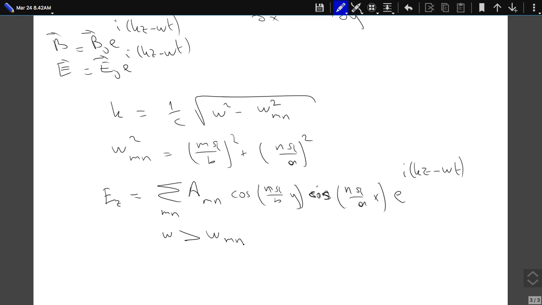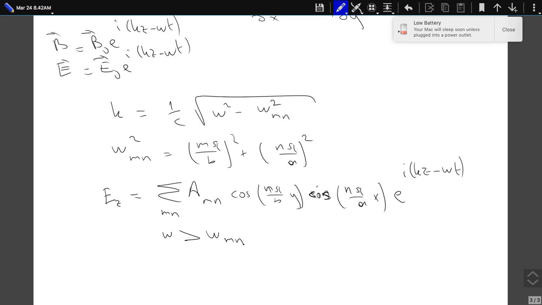The wave that you send can have an arbitrary frequency omega. Omega_mn grows with the values of m and n, but eventually, for some values of m and n, this condition will not be satisfied. So you will not be able to create such propagating waves in your waveguide.